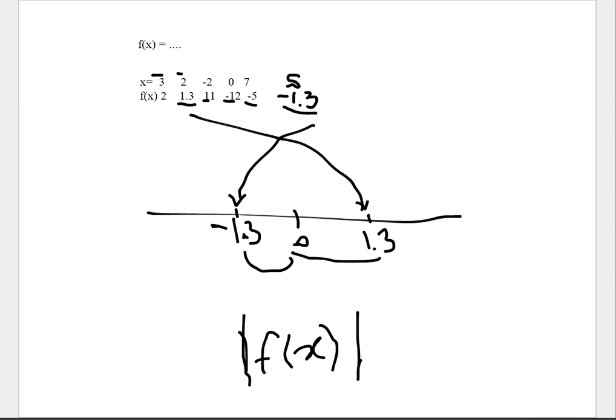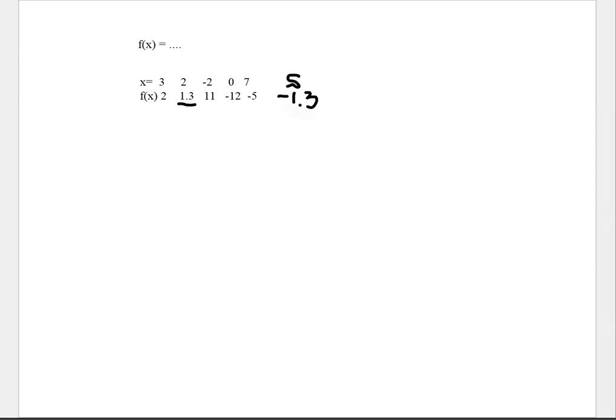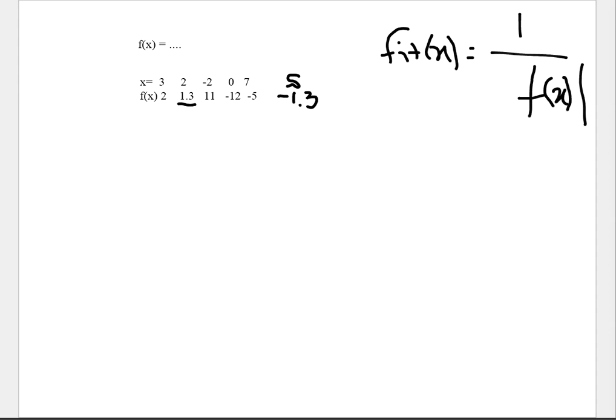I want to write the fitness. So the fitness of x is, for example, 1 division by the absolute value of f(x).